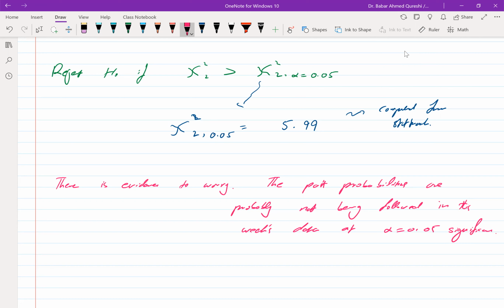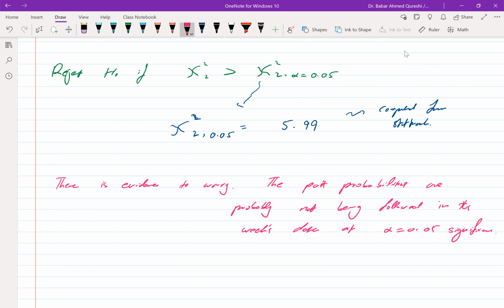Obviously, you can never be sure. Whenever you are doing some inference based on data, you're never making categorical absolute statements. It's just a probability, 95% probability that perhaps the previous probabilities are not being followed in this week's data.